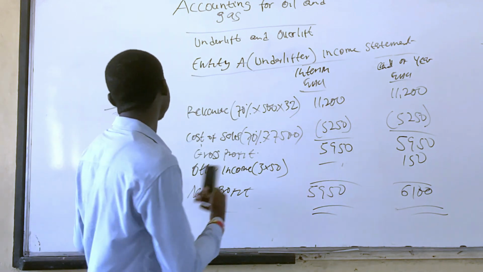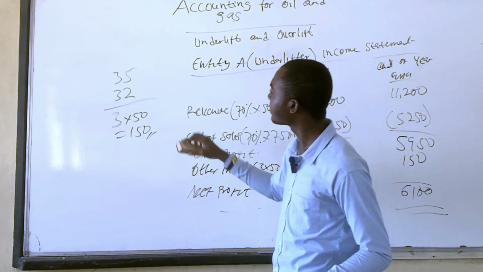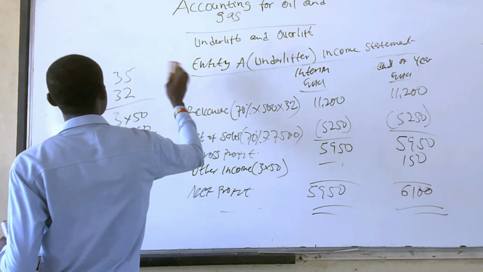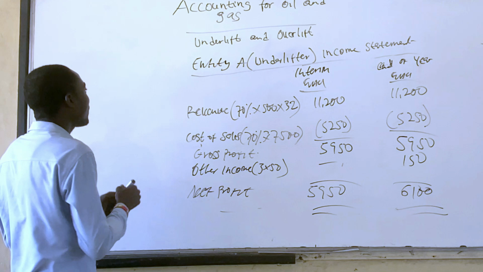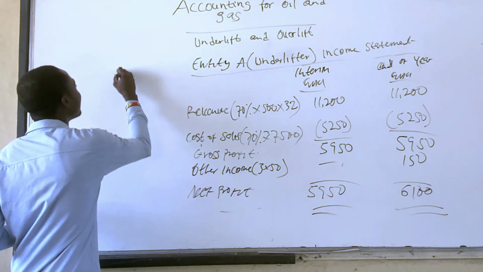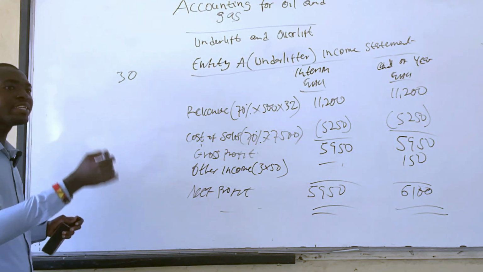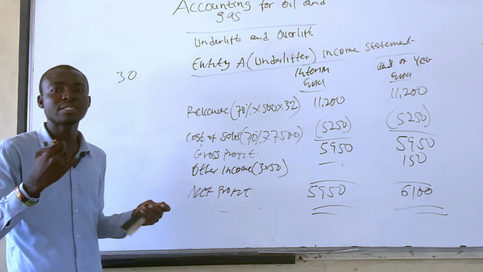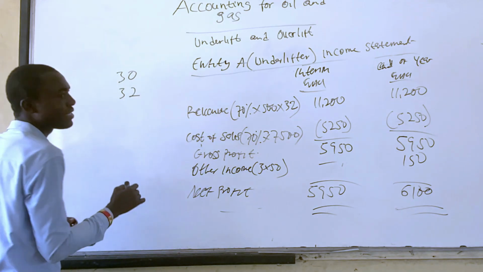So in case at the end of the year, the oil price has dropped to 30 Ghana cedis, and on the beginning day, the day on which the transaction took place, the oil price was 32 Ghana cedis.